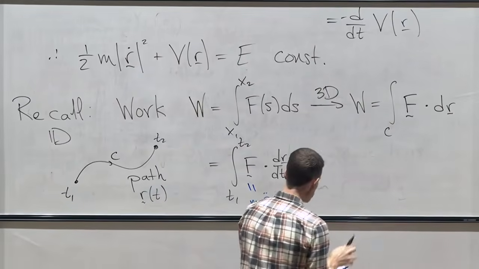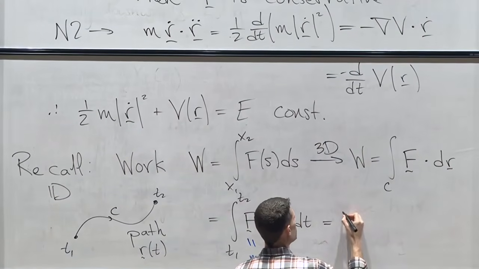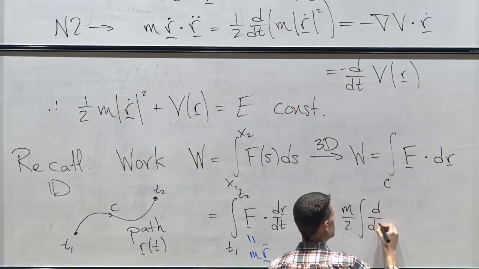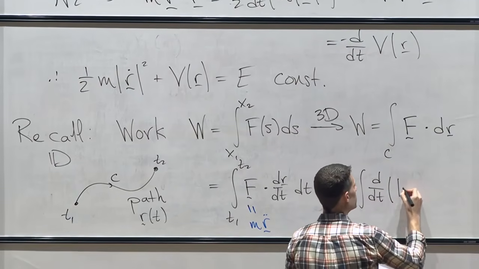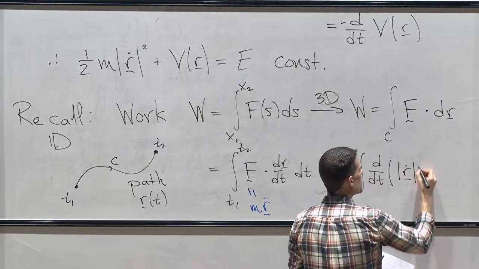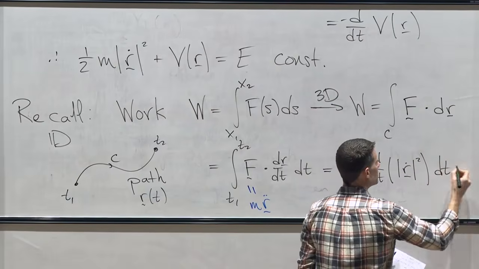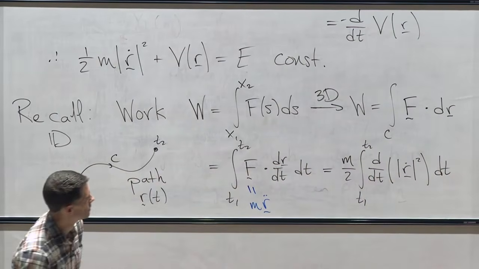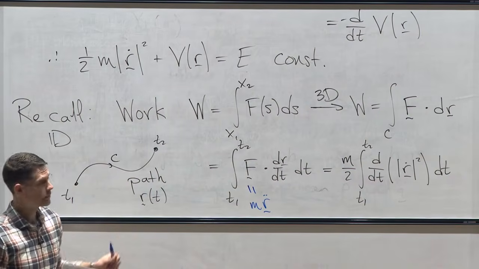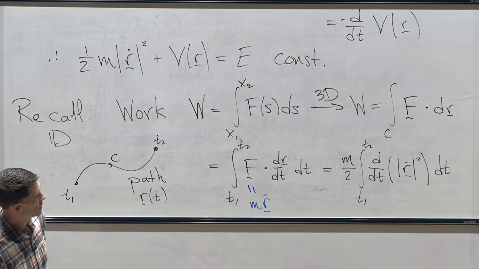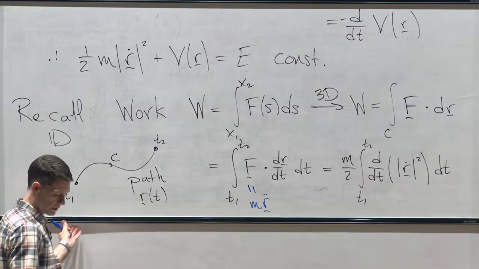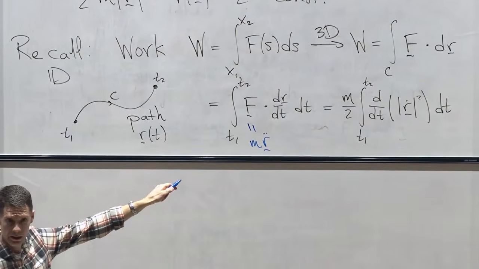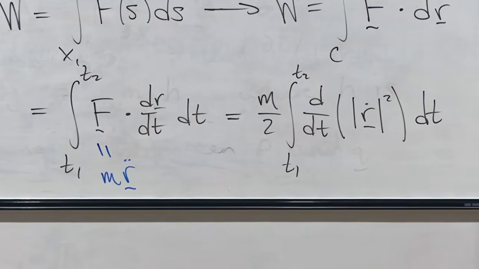So this is m over 2 integral of d/dt of r dot squared dt, which is just the antiderivative of the derivative, which means I just get r dot squared times m over 2 at the endpoints. But that's exactly the kinetic energy at t2 minus t1.